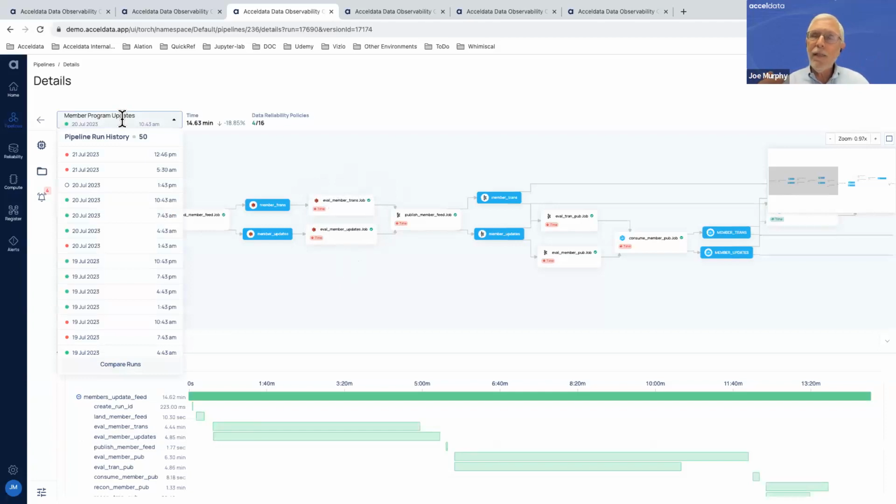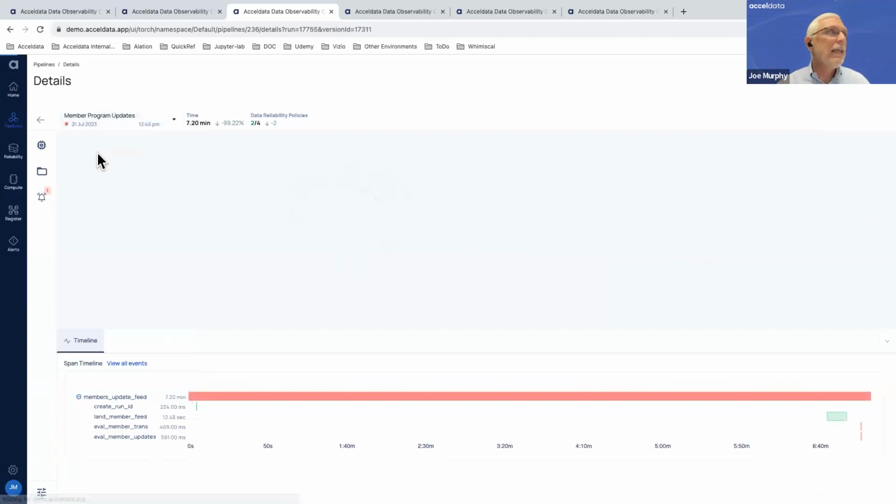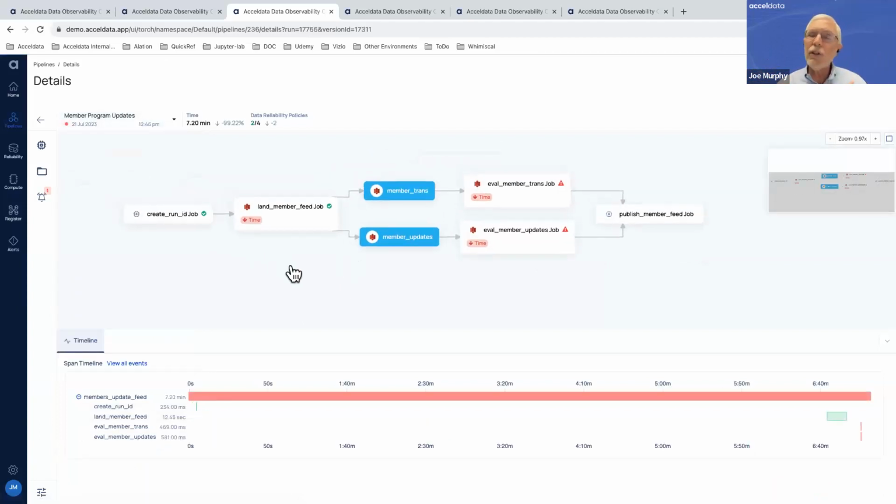So just like the policies where I showed you, hey, there's each and every run of the policy, I can audit and check on each and every run of the pipeline. So here's actually the latest run of this pipeline. And we stopped the pipeline because the policy actually failed on the input data. It fell below our threshold to move forward. We stopped the pipeline, did not ingest the data, didn't corrupt the end data product, and in essence, alerted.